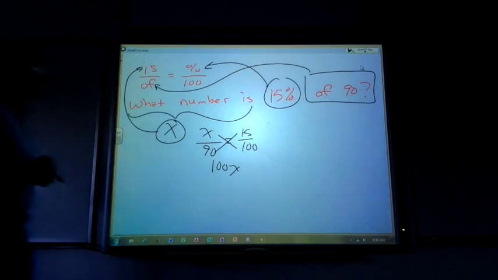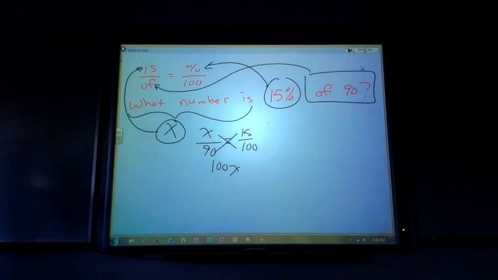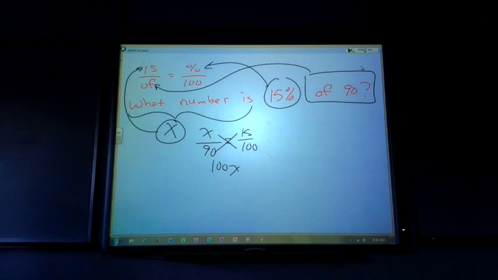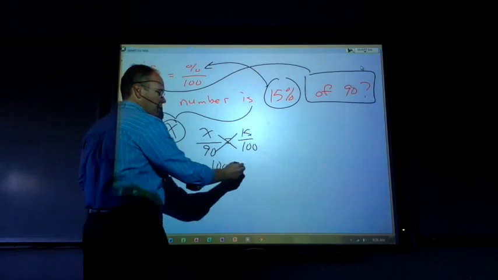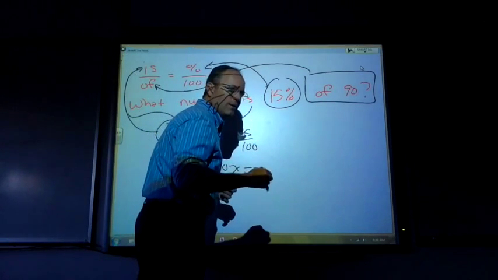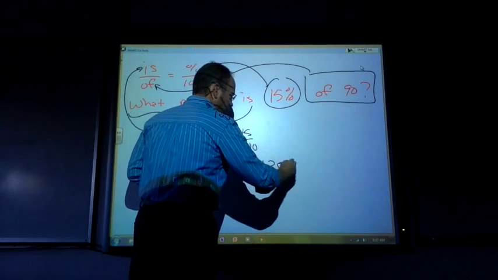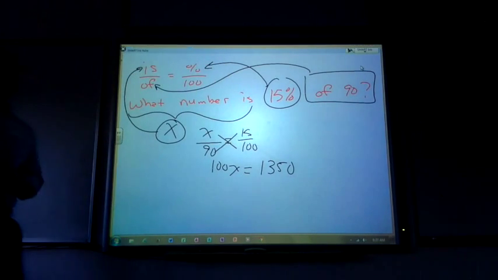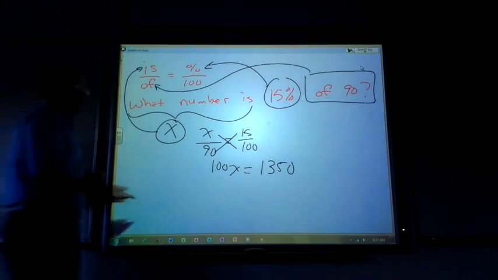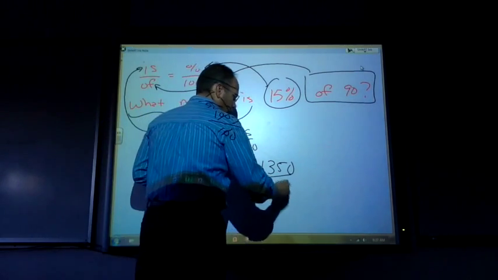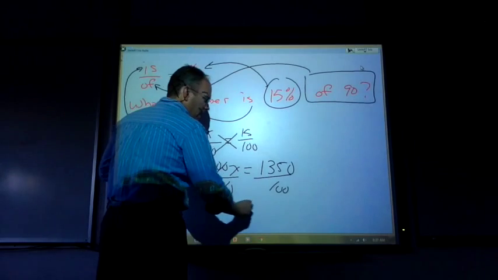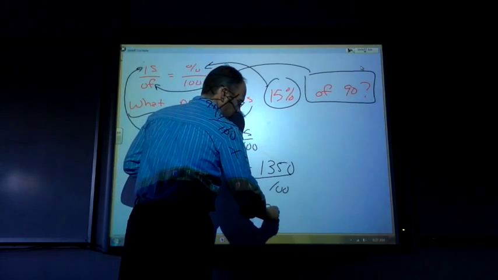Everyone have a calculator out? What would 15 times 90 be? 1,350. How do I solve for x? How do I get x all by itself? Divide each side by 100. 1,350 divided by 100 is 13.5.